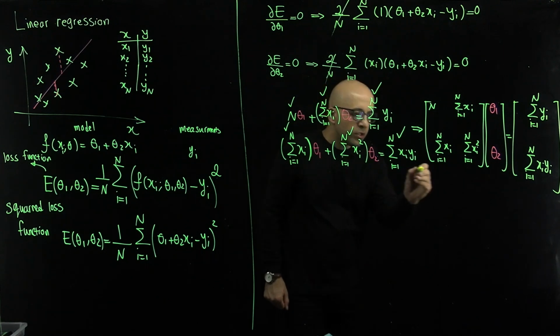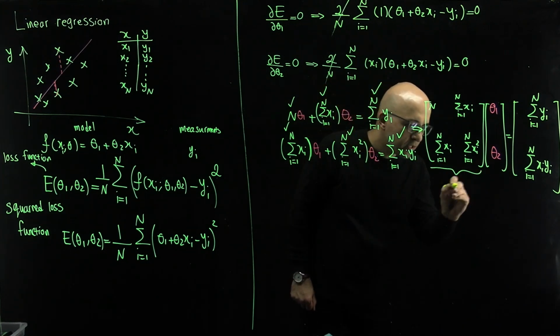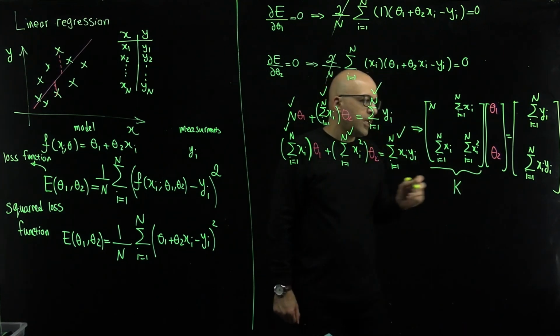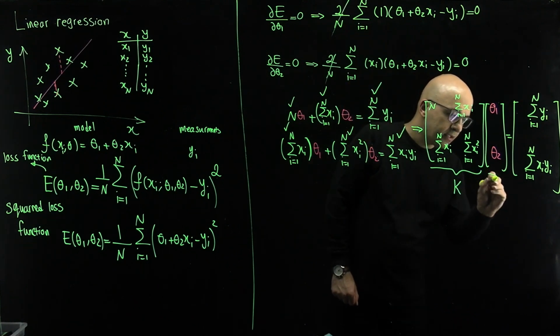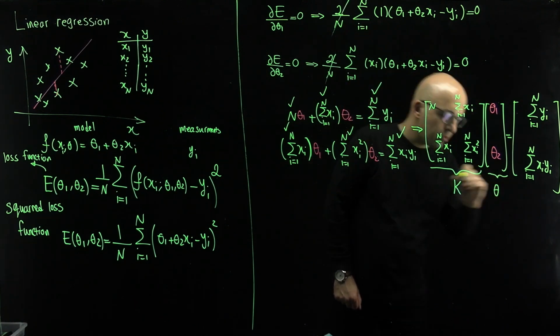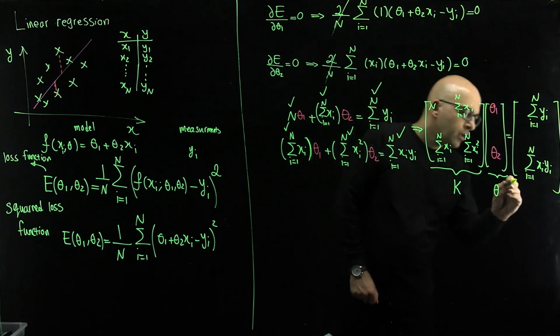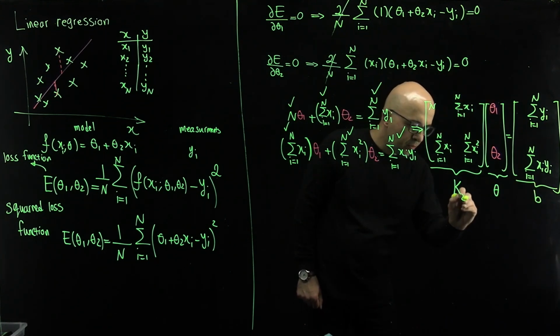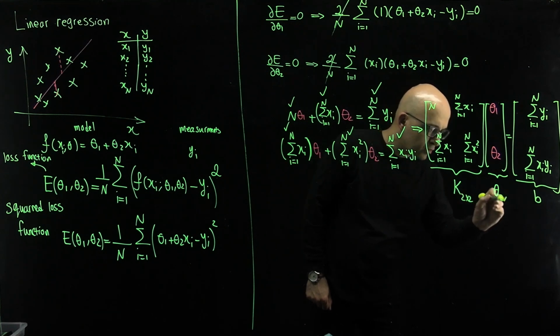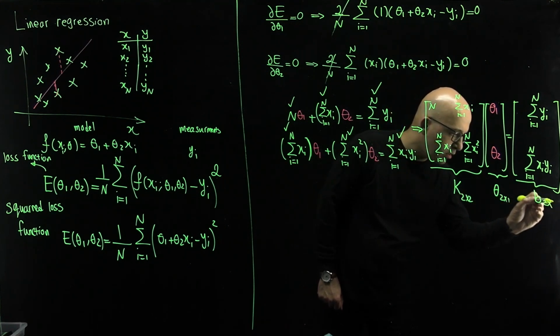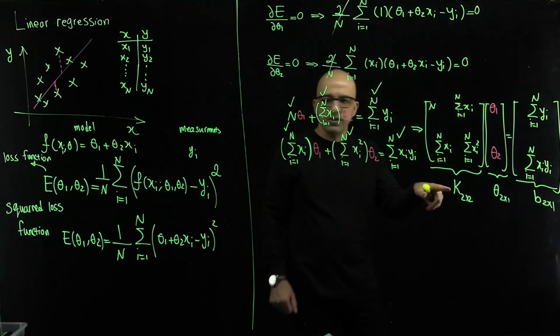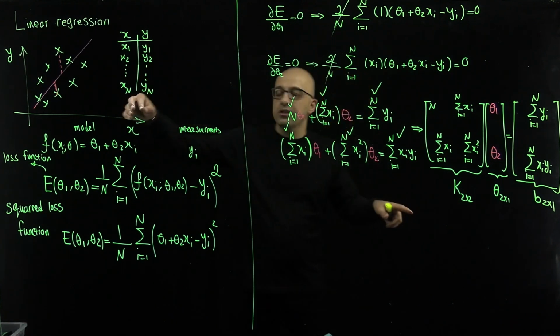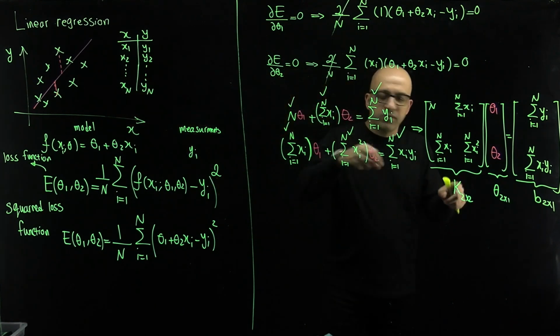Okay, so you can denote this matrix by the matrix K, and this is the unknown vector, which we show with theta, and this is the right-hand side vector. So this is a 2 by 2 matrix, 2 by 1 and 2 by 1. So the nice thing is that the size of these matrices doesn't scale with the size of data, it scales with the number of parameters.